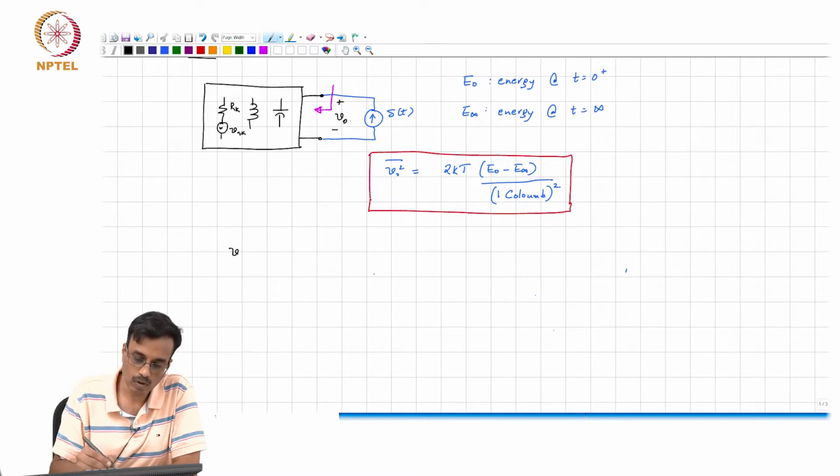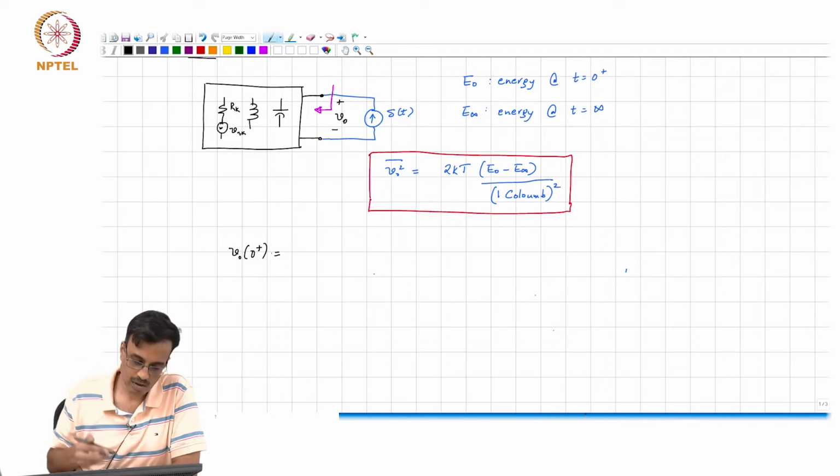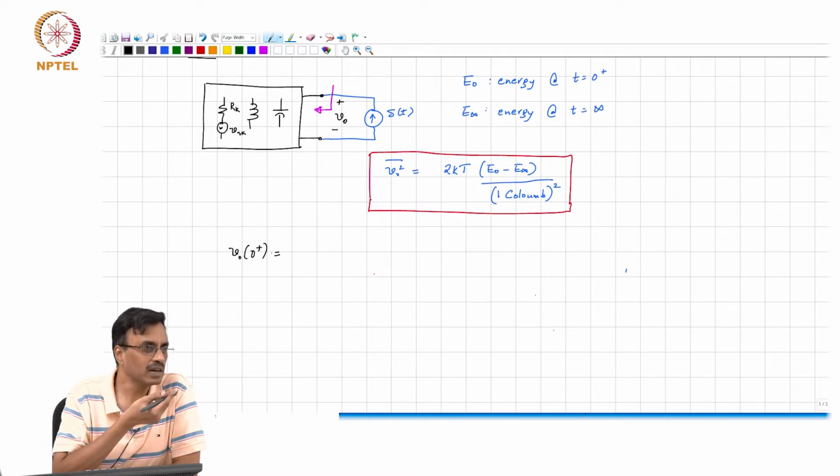Let me call that V0. V of 0 plus, I mean, what are all those theorems for? The voltage waveform has a Laplace transform given by Z of s. So, what is the voltage at 0 plus? It is the limit as s tends to infinity of s times Z of s.